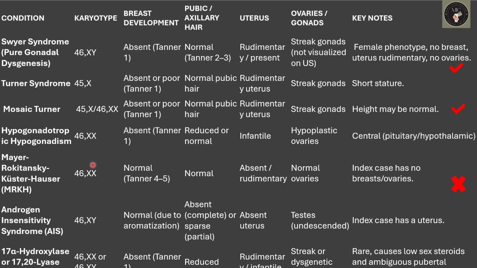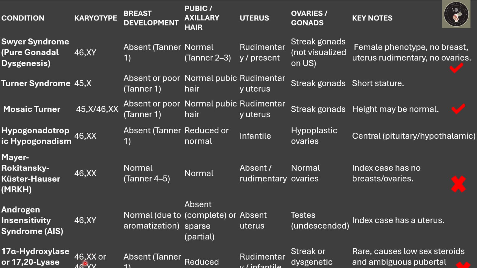What about Mayer-Rokitansky? No, it's unlikely, because in Mayer-Rokitansky, the breast development is normal. Ovaries are present. So this is not a possibility in this patient. What about 17 alpha hydroxylase or 17,20 lyase deficiency?